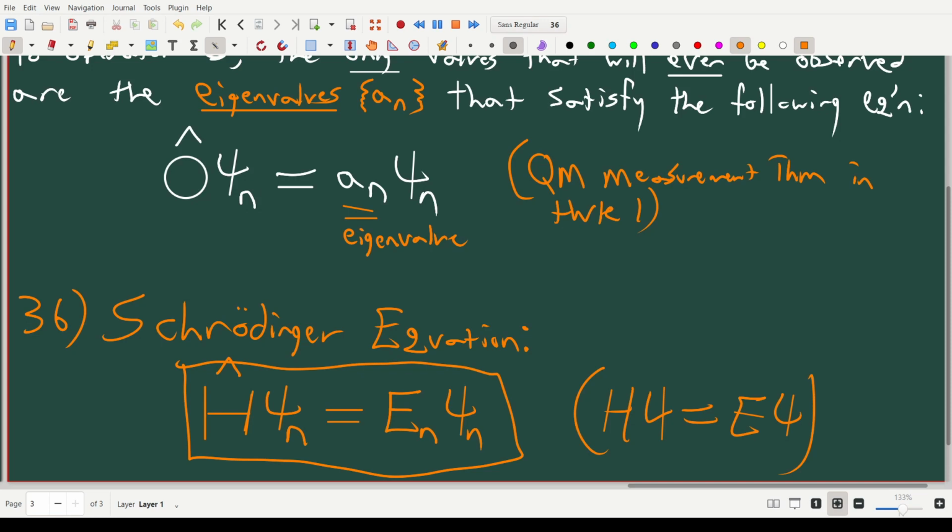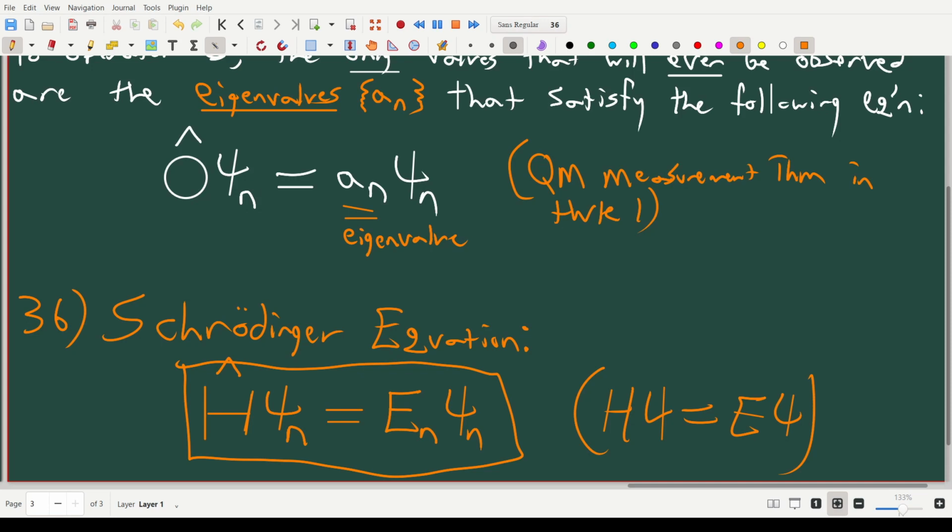So the nice thing about this is, as we'll see in a second, this is an algebraic equation we can solve. If we can define what H is, we can write out what the Hamiltonian, the energy operator, is for a system. That's what we're going to do today. And we know that when you apply H to a function, it returns that function times a number, which is the energy in this case.